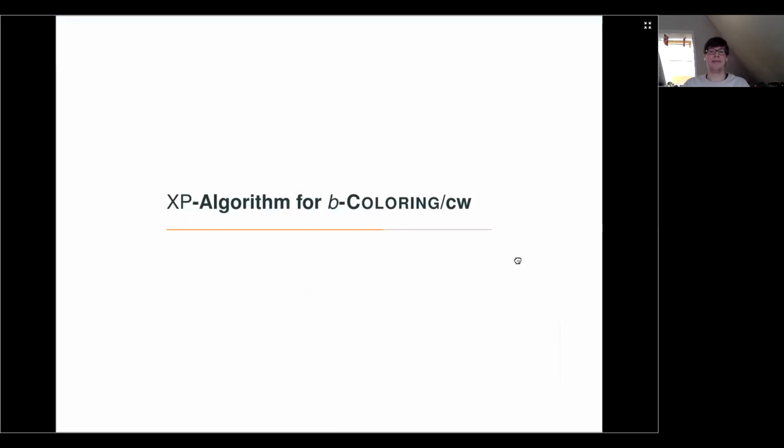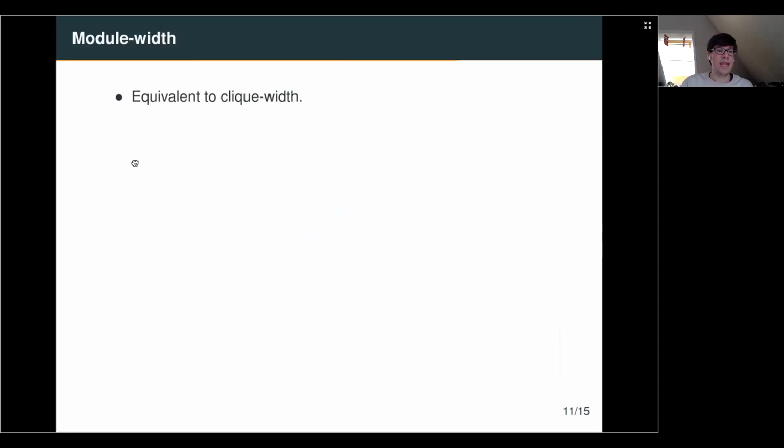So let me briefly explain the main insight that made our algorithm work. First of all, we will not work with the original definition of clique width, but rather with this notion of module width. But it's linearly equivalent to clique width, so this works just as well.